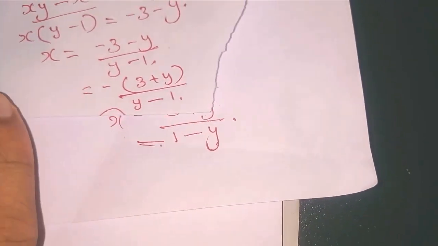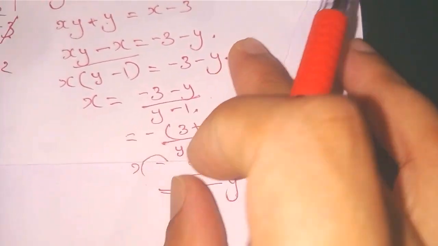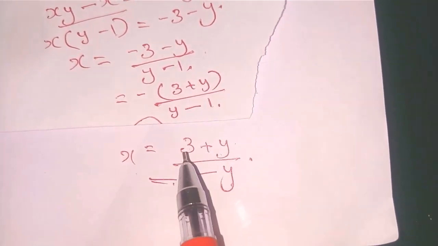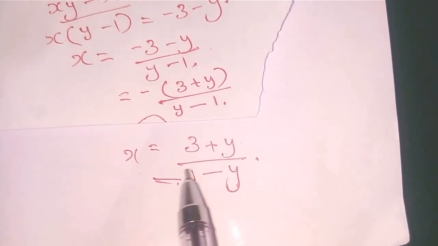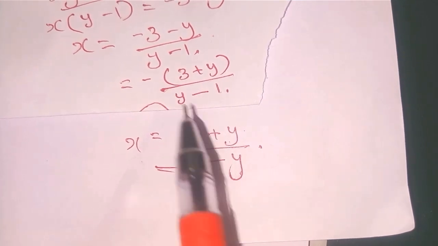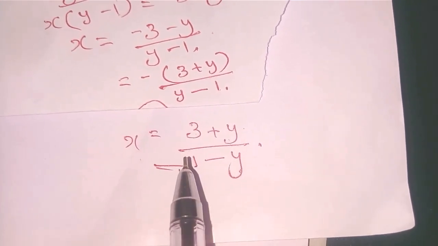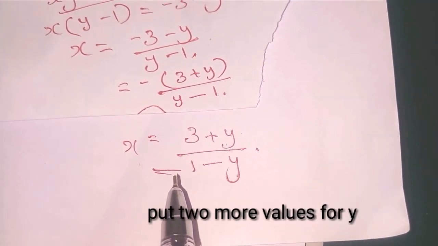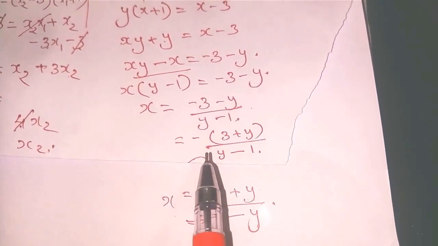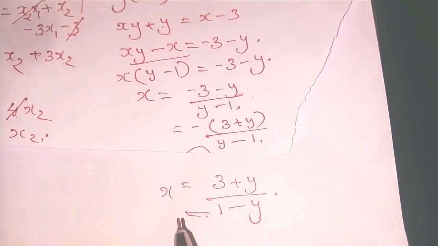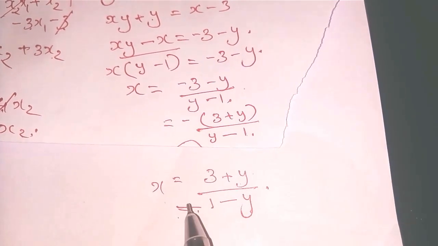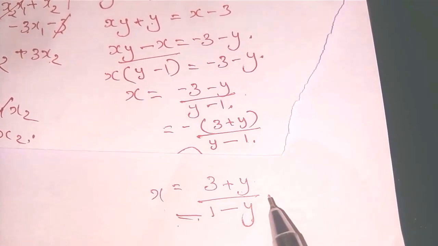If I select y is equal to 0, what is the value of x? (3 + 0)/(1 - 0), that is 3 by 1, 3. 3 is an element in the domain, isn't it? We can find an element in the domain. So for different y values from the codomain, we are able to find such an x, (3 + y)/(1 - y), in the domain.